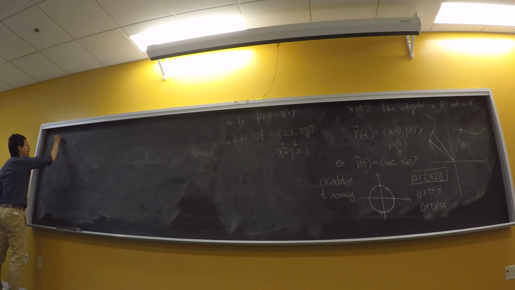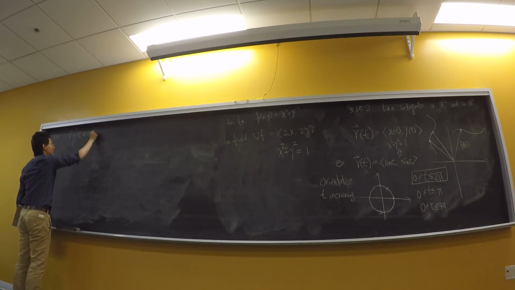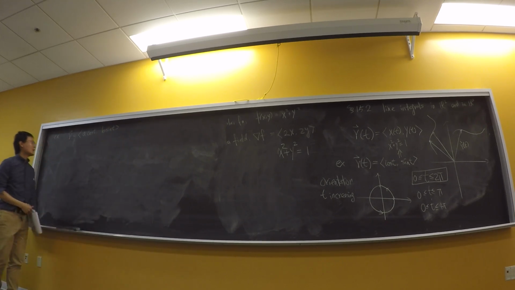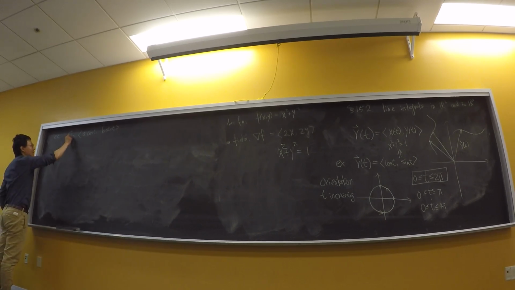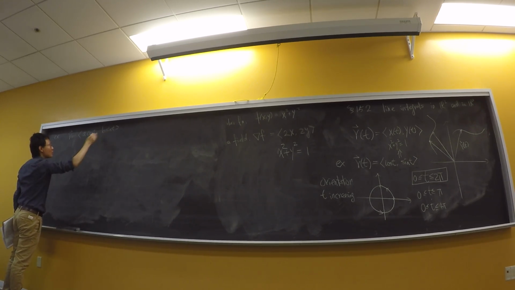For instance, if I have a curve r(t) equal to (a cosine t, b sine t), slightly different from the circle over there, what does this vector function define? It defines an ellipse with semi-axis a along the x-axis and b along the y-axis. So you can eliminate the t variable: this is equal to x, this is equal to y.